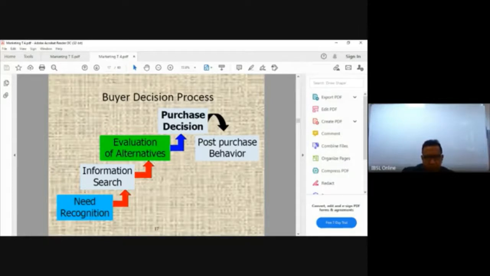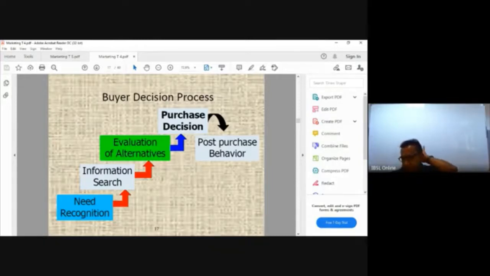After that, he said, some time after the purchase, the customer will have post-purchase behavior. If the customer is happy with the product or service he has purchased, he will go and tell others and recommend the product.